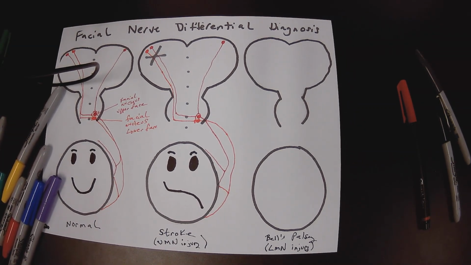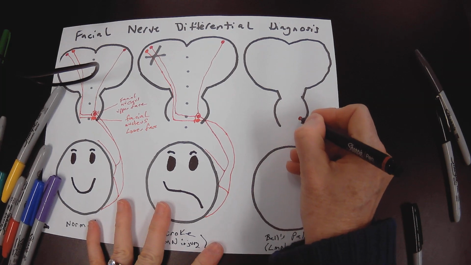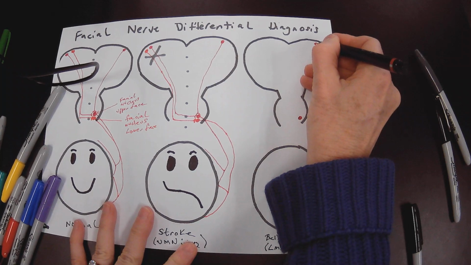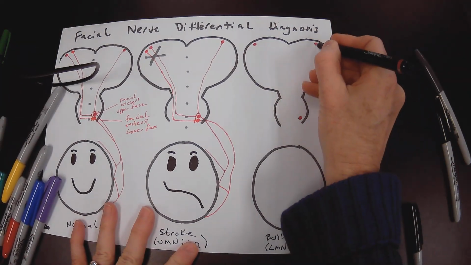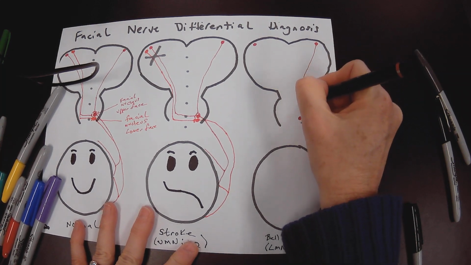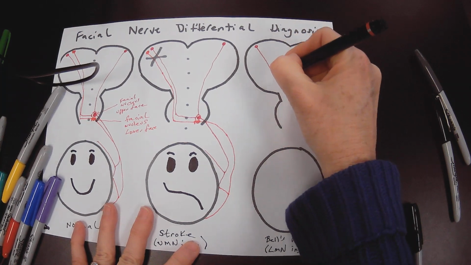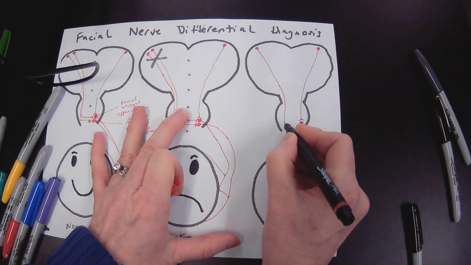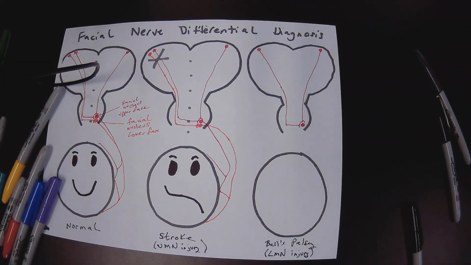Okay, so same situation as before. I'll keep the sides the same. We have the upper face division, facial nucleus, and the upper face has bilateral upper motor neurons. Sends out axons ipsilaterally that synapse ipsilaterally, and the opposite side sends out axons that descend ipsilaterally and then decussate at the level of the nucleus.